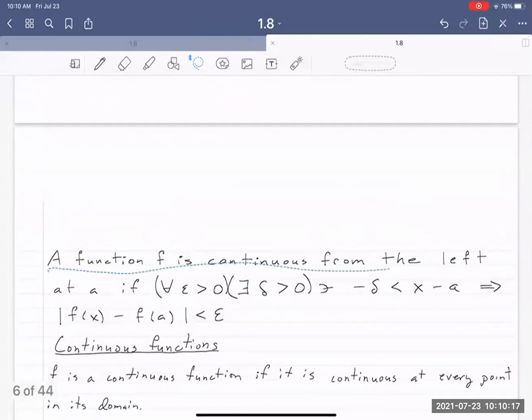A function f is continuous from the left at a if for every epsilon greater than 0, there exists a delta greater than 0 such that negative delta is less than x minus a implies that f of x minus f of a in absolute value is less than epsilon.